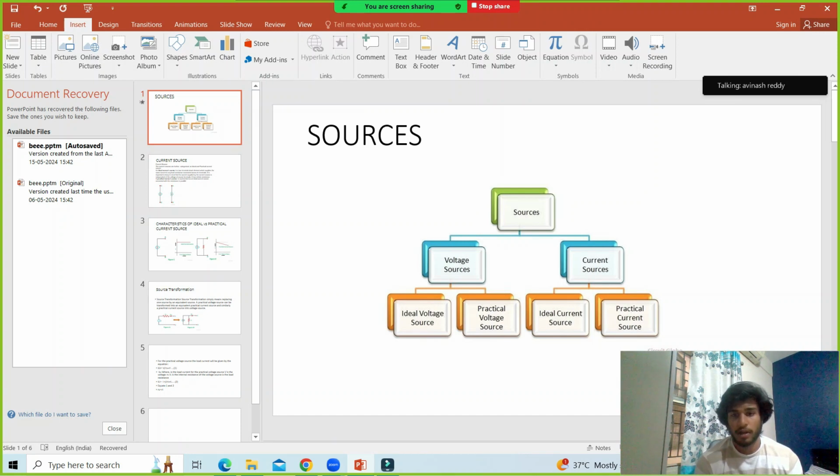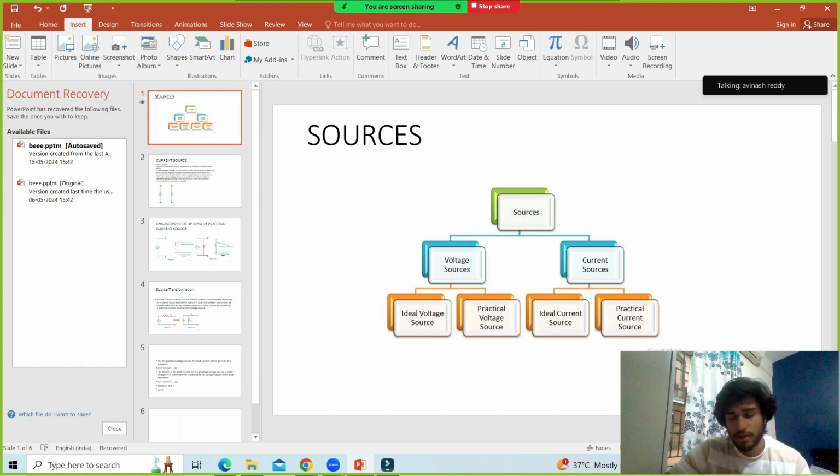Coming to the voltage source, a voltage source is a two-terminal device where the voltage across the two terminals is constant, independent of the current drawn from it. Such a voltage source is called an ideal voltage source.